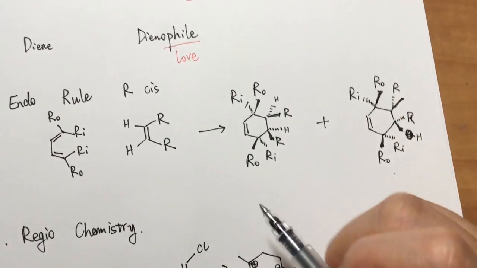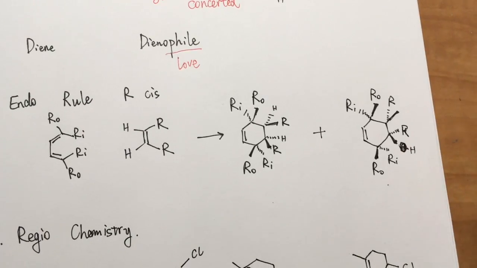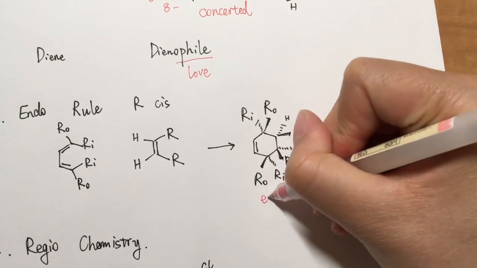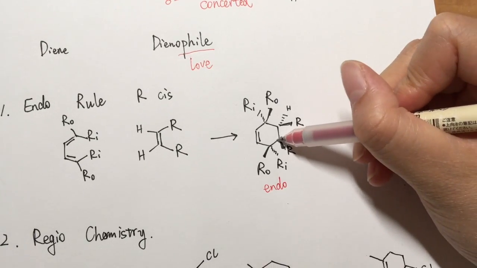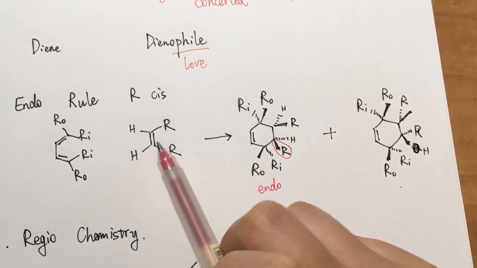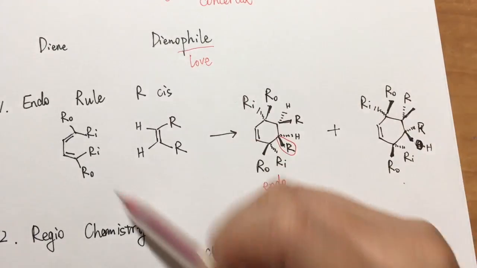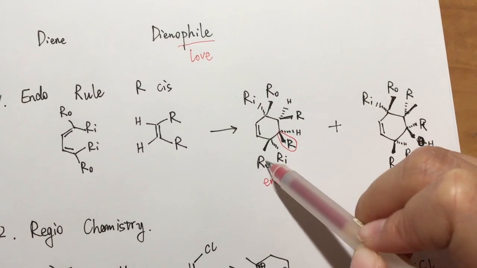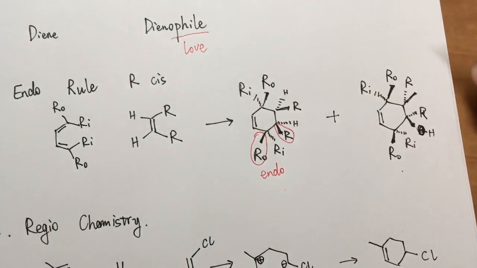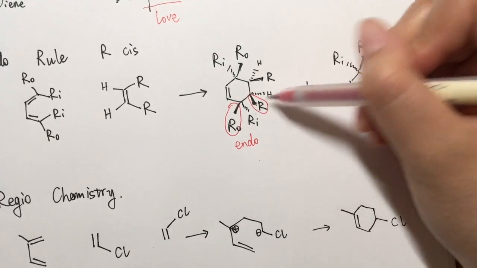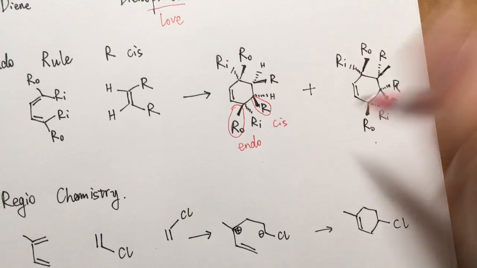Yeah, so you can see here, this would be an endo. This is the R group from the alkene, and this is the outer R group from the diene. They would be in cis relationship.